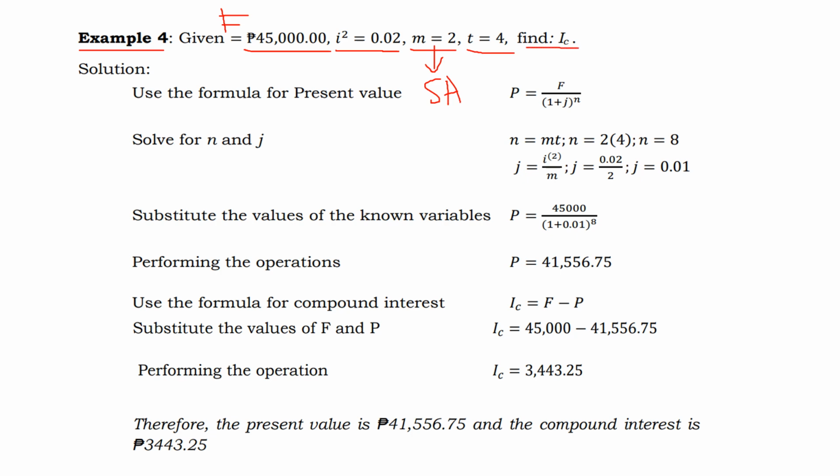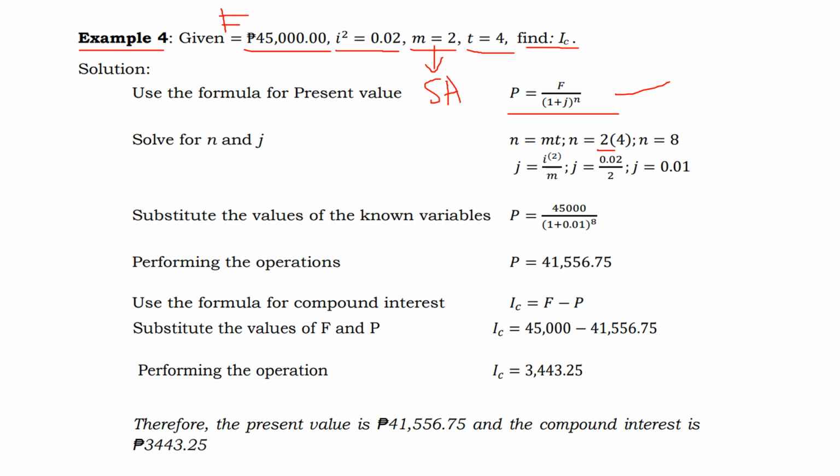So for your P, for us to find the present value, we are simply manipulating the formula for your future value or maturity value by transposing your (1 plus j) raised to n to the other side of the equation, and it becomes P is equal to F over (1 plus j) raised to n. Now compute for the value of n.